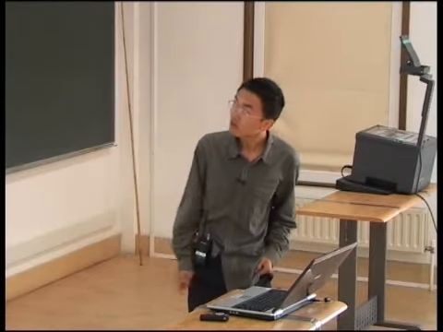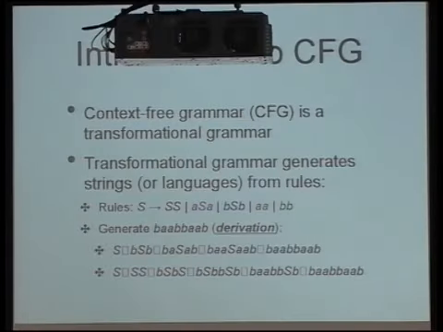Here's an example that generates palindrome languages. First, this is a symbol, and this symbol can be transformed to SS, or ASA, or BSB, or AA, or BB.